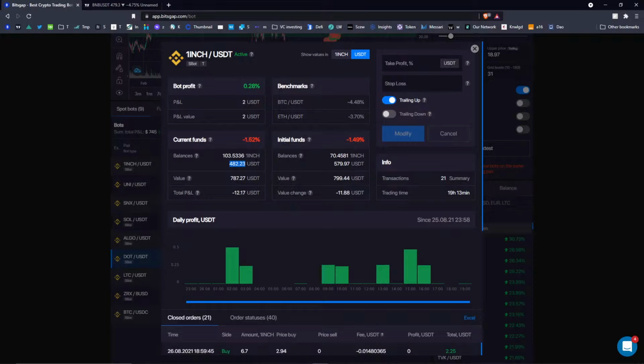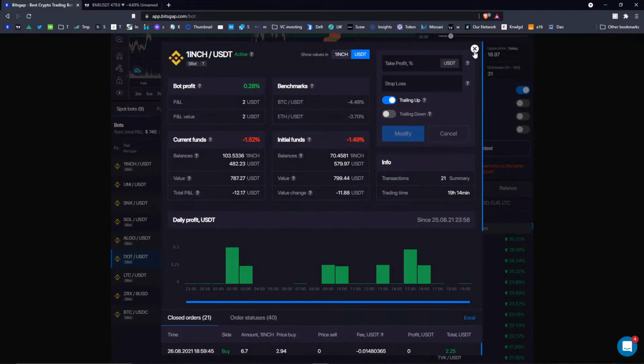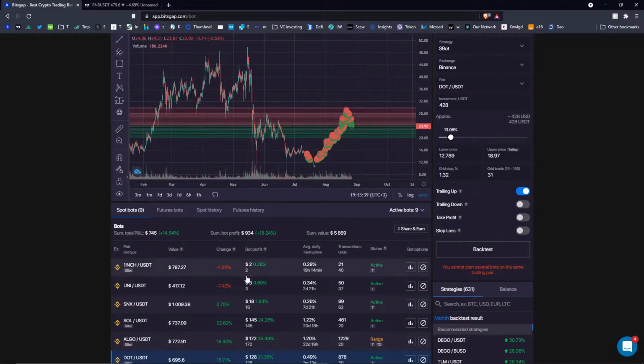Okay, so the value of this whole portfolio here is exactly $787. Okay, so it's below the value with which I started this story. It was at around 800 when I launched it, so I'm in loss here right now. Okay, but thanks to the bot, it still can make me money on this falling market. Let's switch to 1inch.